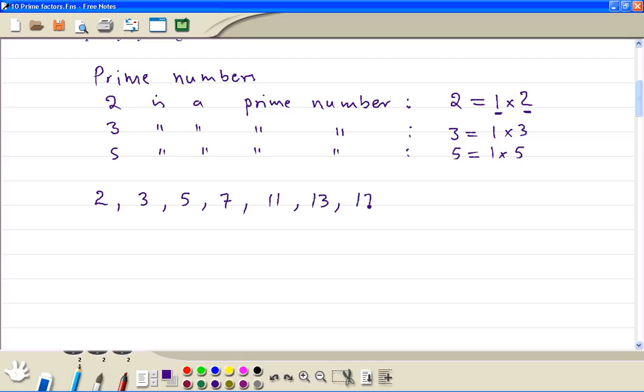13, 17, 19, 23, 29, 31, 37, 41, 43, and 47.